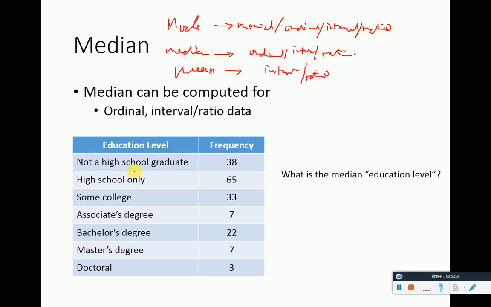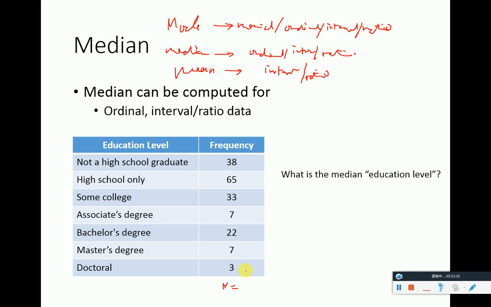So in other words, these 1, 2, 3, 4, 5, 6, 7 categories are the 7 values for this variable, education level. And here I give you the frequency count for each of these 7 values. You can easily calculate the total sample size if you sum all these numbers up, because we're going to use that.